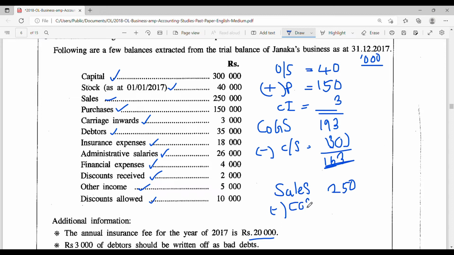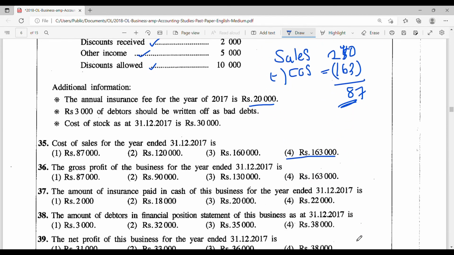See whether there are any sales returns or return inwards. We read the question in detail and didn't find anything like that, so you could directly move on with the calculation. So 250 minus 163 will get you 87,000 as your gross profit.